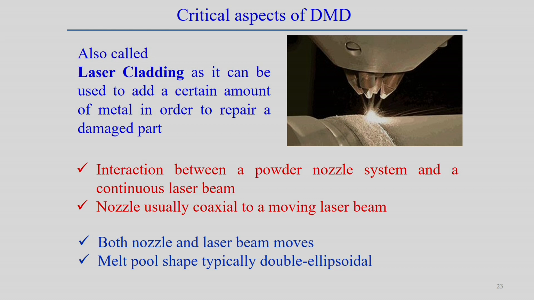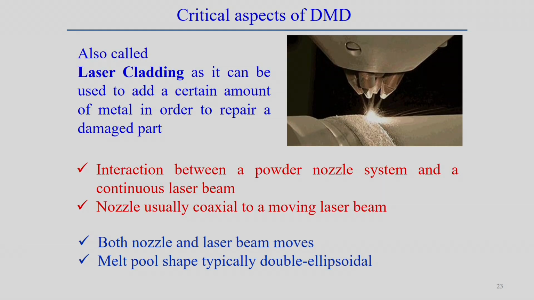In the laser cladding process also, a similar philosophy is used to make a cladding on the surface. We throw the powder on the surface, and then focus a laser source such that layer deposition happens, along with melting of the deposited powder particles.